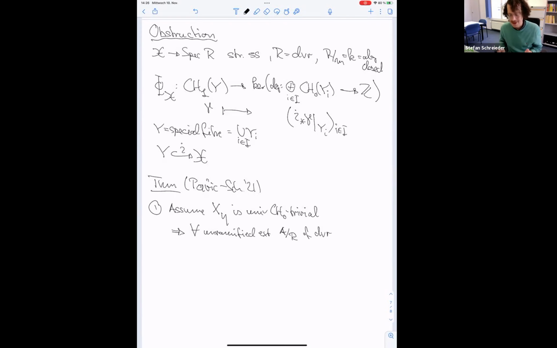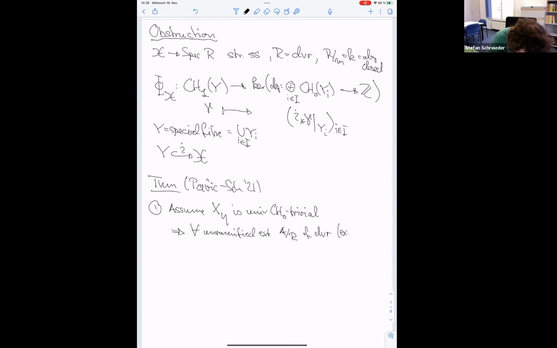So what's an unramified extension of a discrete valuation ring? Think about the case where R is just a power series ring over C. Then for any extension of C, you just write down the new power series ring over that bigger field. So that's a typical unramified extension of DVRs. A ramified extension would be one where T goes to T squared or something like that.